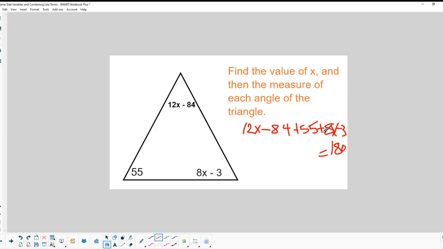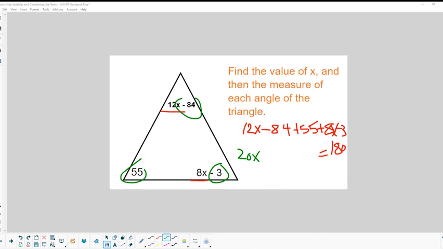So you would go through, combine the x's, 12x and 8x would combine to give you 20x. What about minus 84, 55, and minus 3? Well, let's look what that looks like.